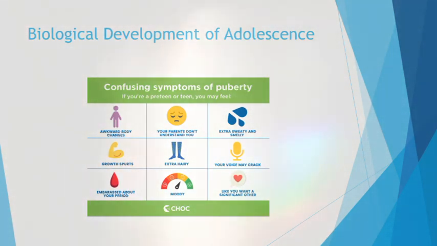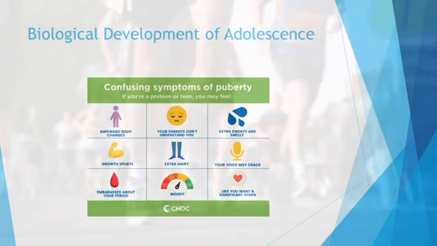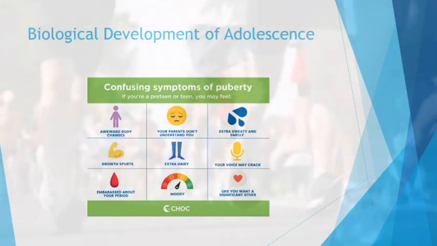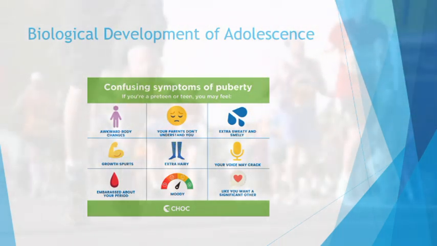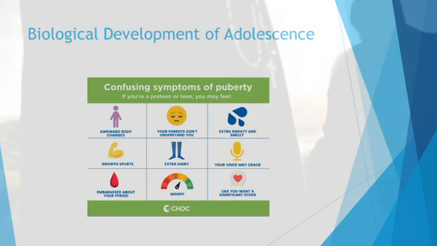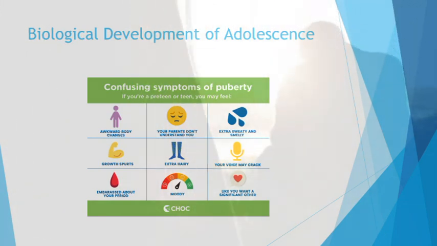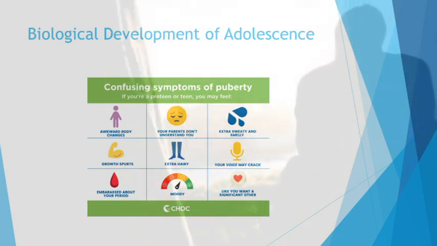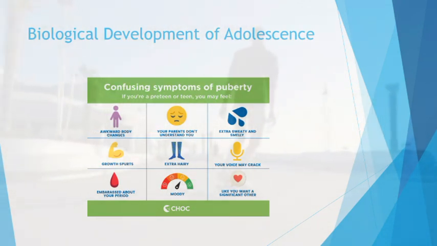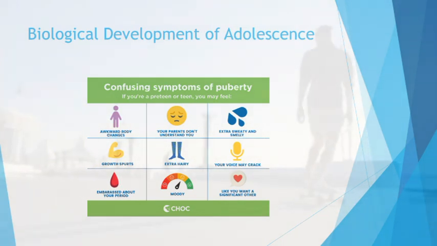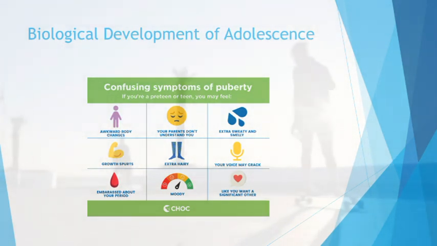So exposure to things like endocrine disrupting chemicals, such as those found in some plastics and some pesticides, have been linked to alterations in hormone balance and pubertal timing, as well as stressful life experiences such as childhood trauma or family disruptions can also impact the onset and progression of puberty, underscoring the interplay between biology and environment and basically causing children to mature into adolescence and into adulthood before they're really ready.